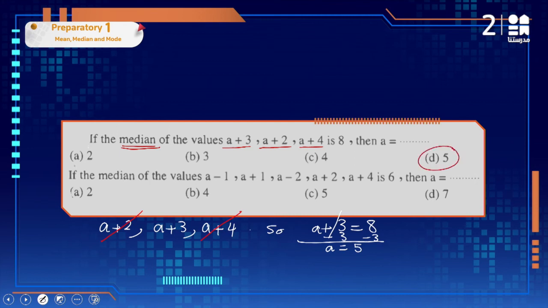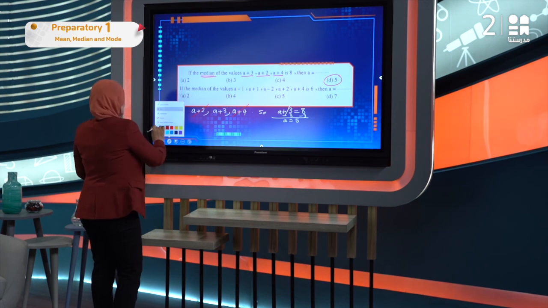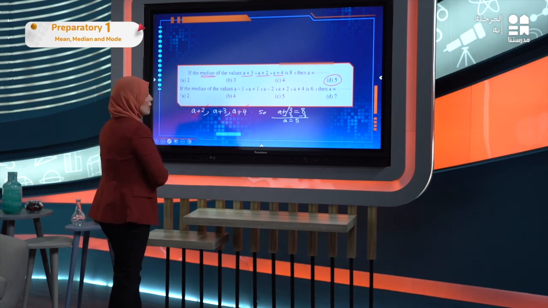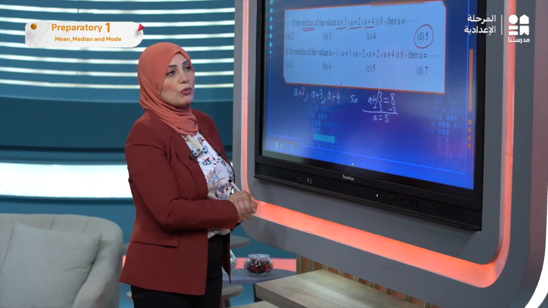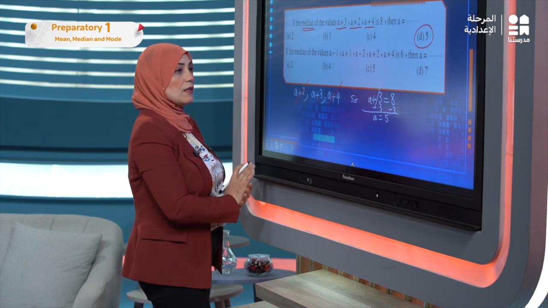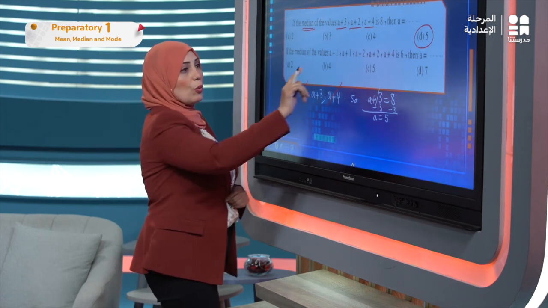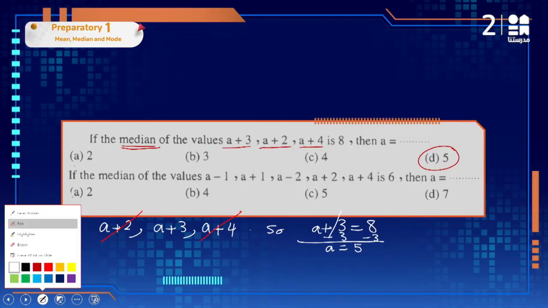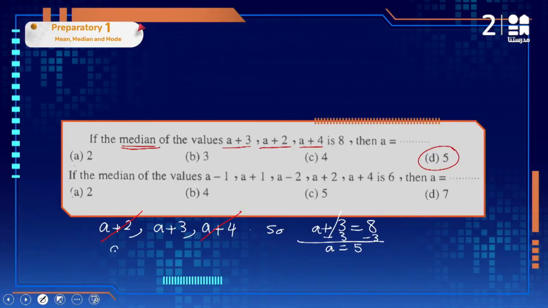Okay, the second one. If the median of the values a minus 1, a plus 1, a minus 2, a plus 2, a plus 4 is 6, we are going to do exactly the same. Let's order them. What comes first, a minus 1 or a minus 2? The least one is a minus 2. When I subtract 2, we get a smaller number than when I subtract 1.